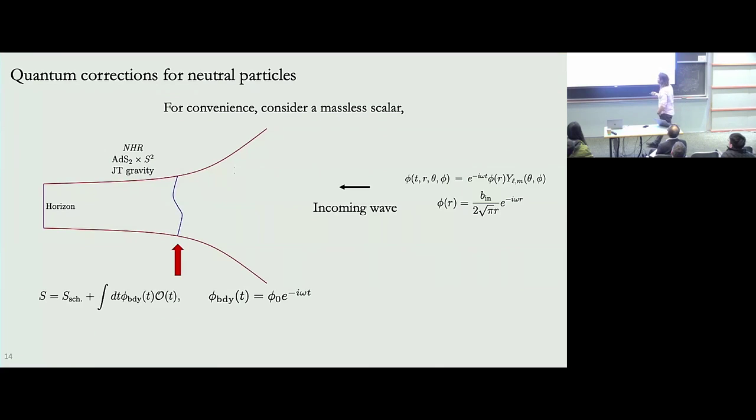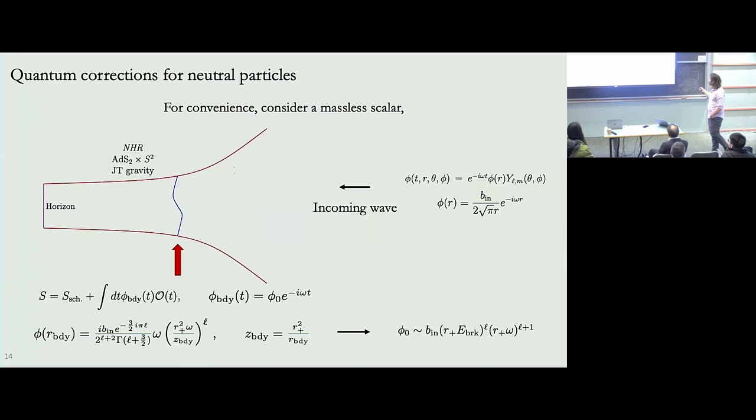So effectively, what one needs to do is modify the Schwarzian action, that's the effective theory of these modes, by coupling some simple operator that couples to the value of this wave along this line.